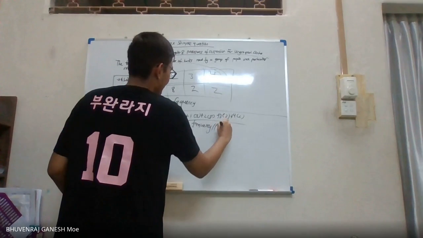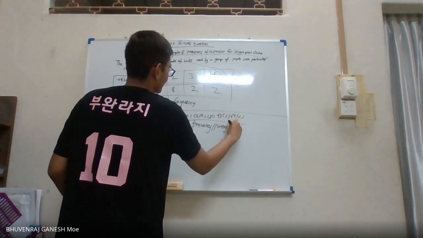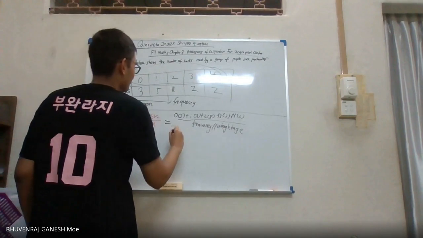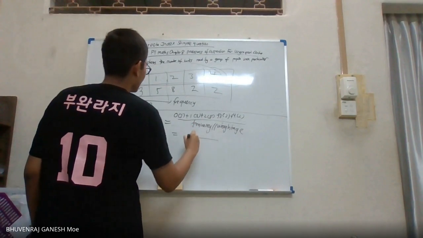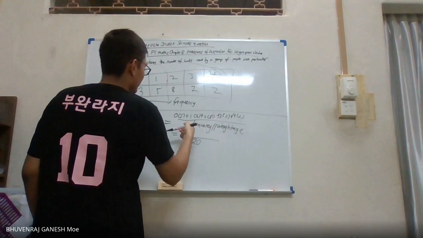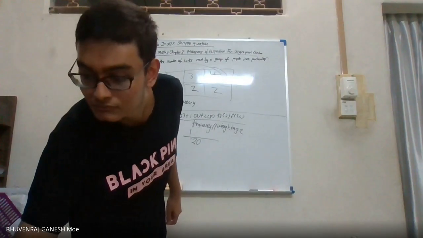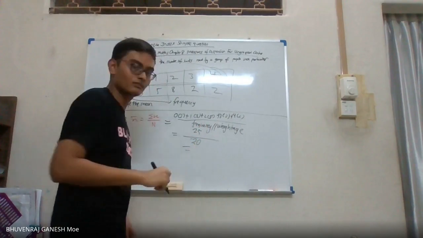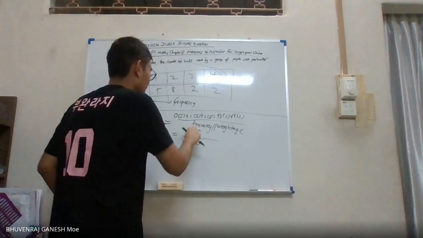Or in composite index, we call it weightage. Or don't take this one, then you'll get a different answer. So you divide with 20, and then this is 35.